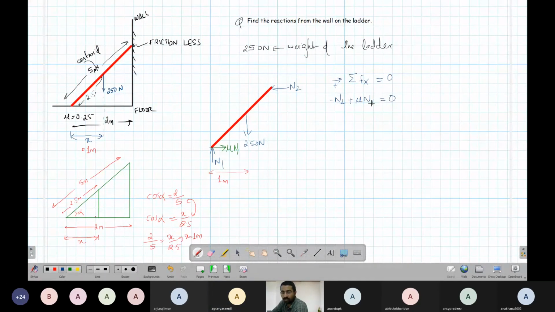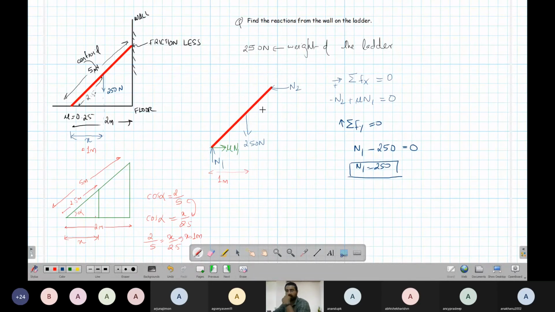Right. Any summation of forces in y direction? N1 minus 250 Newton equal to 0. So N1 value is 250.